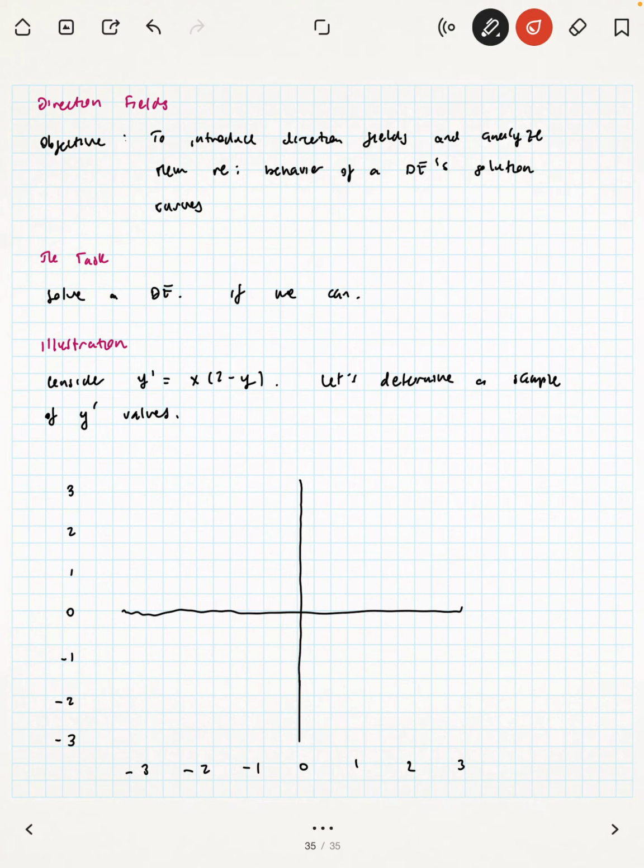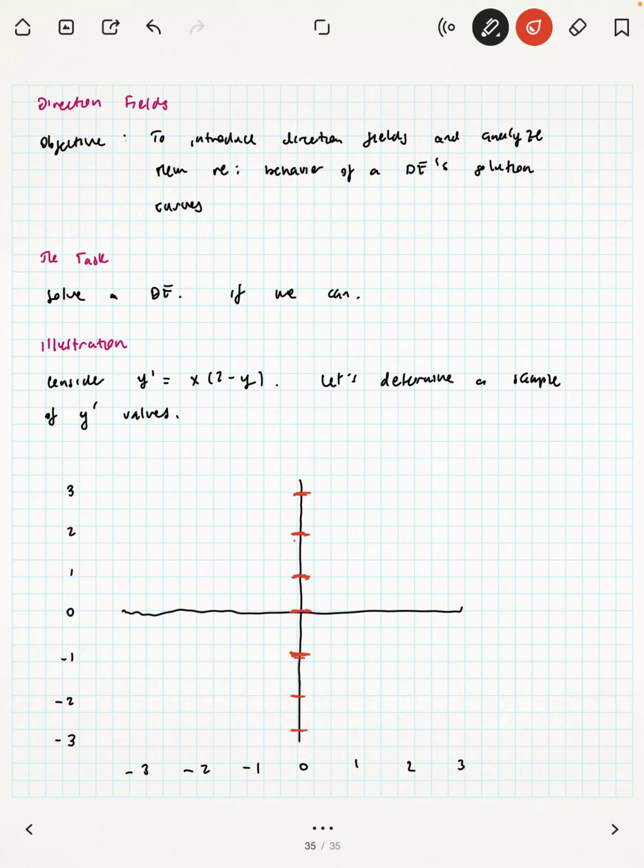Okay, so notice for any x value equal to 0, regardless of whether it's (0, 0) or (0, 1), or all of those values, they are going to have 0 slope. So that right away is telling us the direction field values are 0 along that line, and so we get little straight-across line segments.